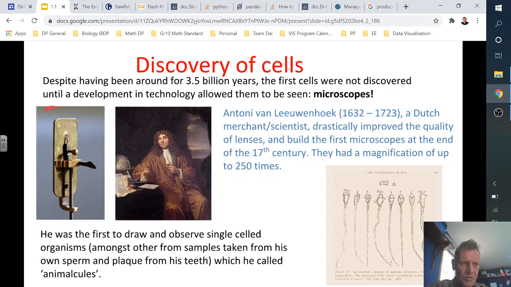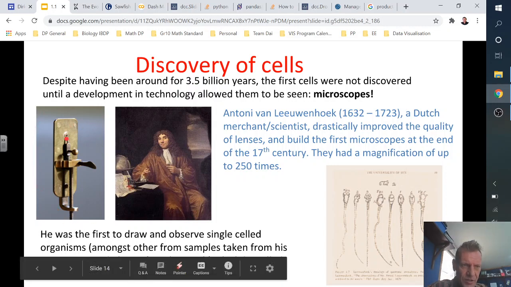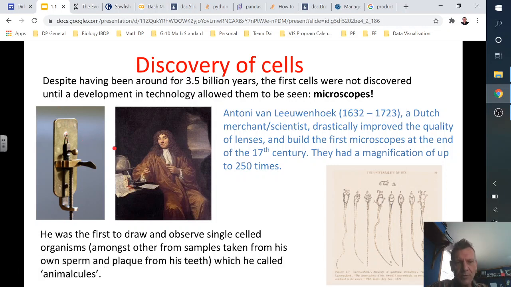He also developed this device here. There's a lens there where my red dot is now. That lens was able to magnify up to about 500 times, which is pretty good, because even the microscopes that we use in class can only magnify up to 400 times.